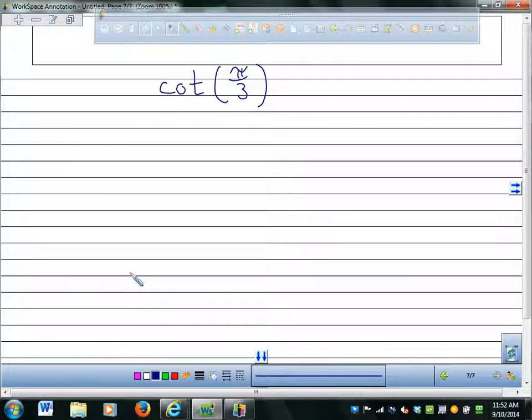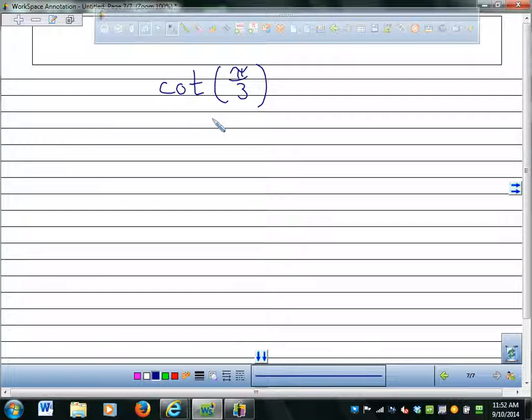So you could do it 2 ways. Cotangent, you don't hit the second button on your calculator. Your calculator doesn't have a cotangent button. It just has a sine, a cosine, a tangent, and then inverse sine, inverse cosine, inverse tangent, which are not the same as cotangent. These are reciprocal functions versus inverses.